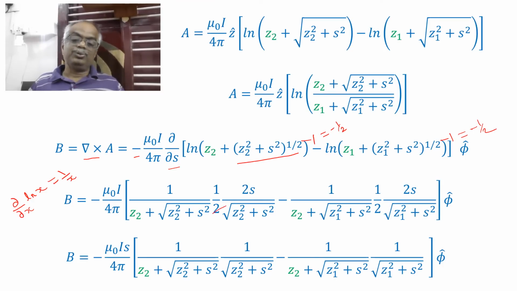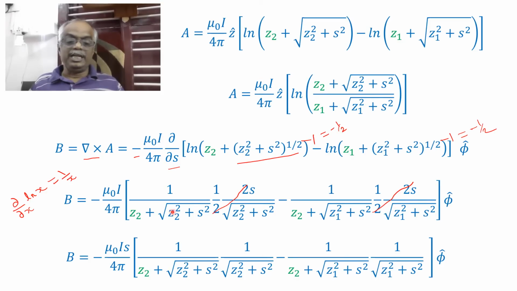Here the 2 will get cancelled. Here also the 2 will get cancelled. So you can take s outside. I am taking s outside. Inside the bracket you will get 1 over z2 plus square root of z2 squared plus s squared.